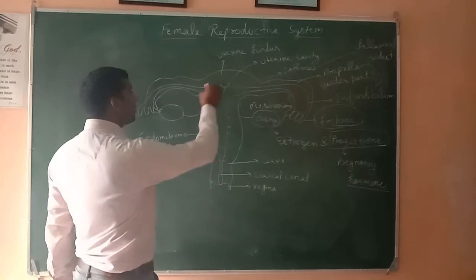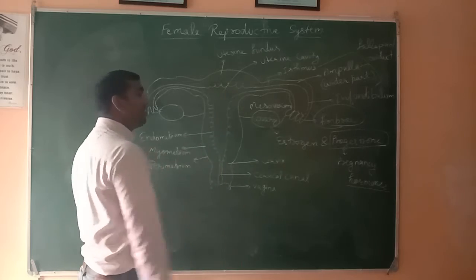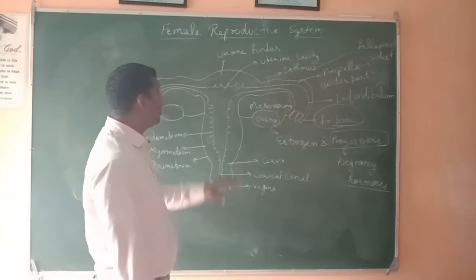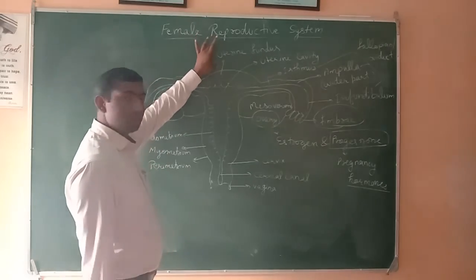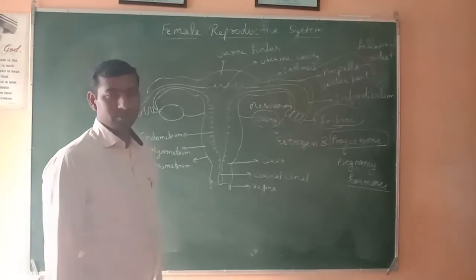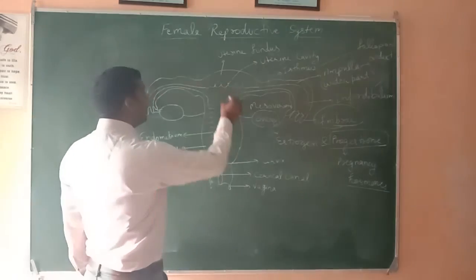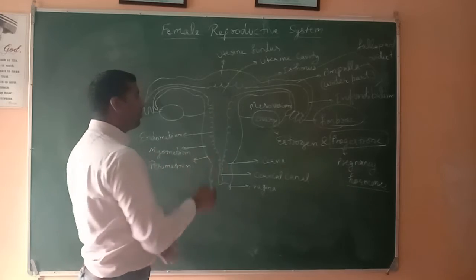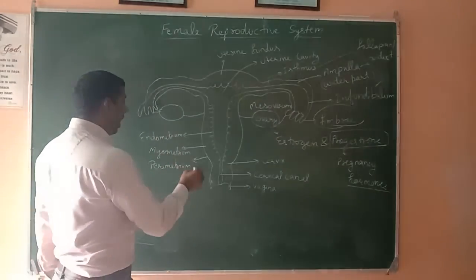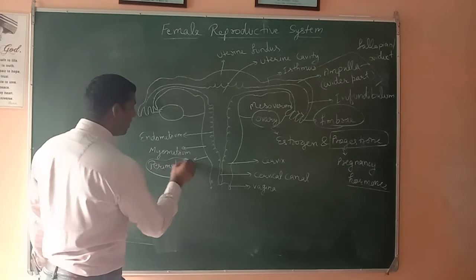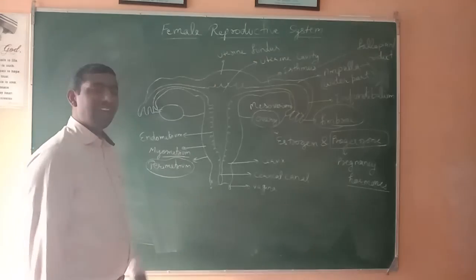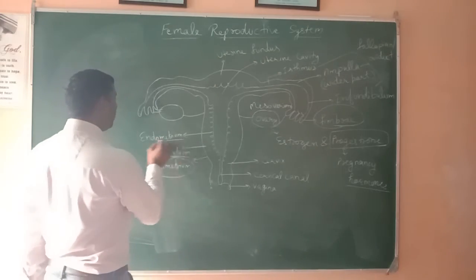And the uterus, it is an inverted pear-shaped structure. It has mainly three parts: the uterine fundus, the main body part and the cervix. The layers of the uterus are three. The outermost layer of the uterus is perimetrium, the middle layer is called myometrium and the inner layer of the uterus is endometrium.